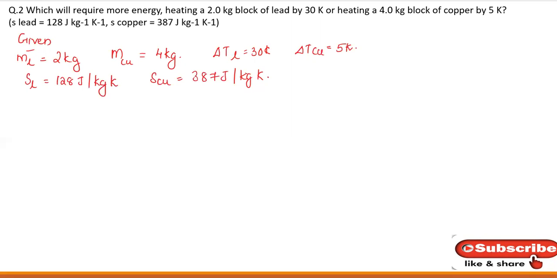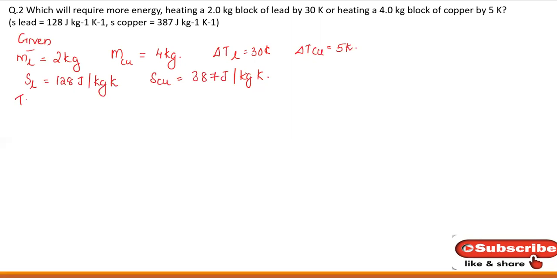Now, we know that to find out the amount of energy, the formula used is heat energy absorbed or released, Q is equal to m s delta T, where s is the specific heat. Whichever absorbs more heat will have more energy.